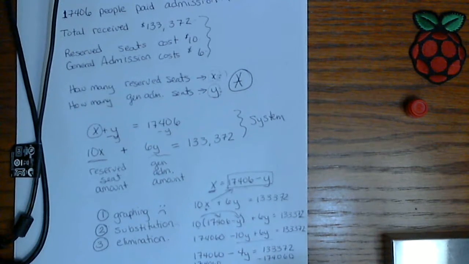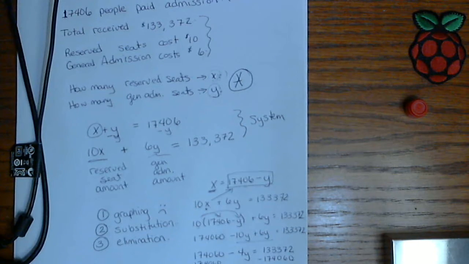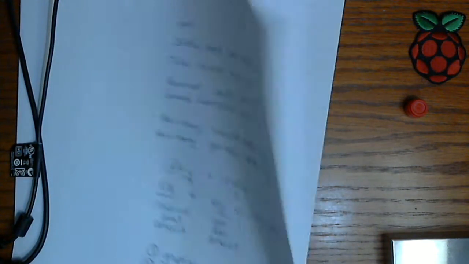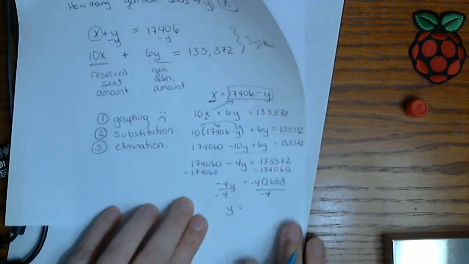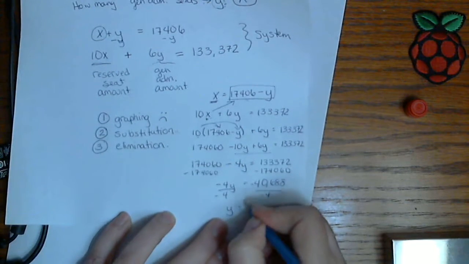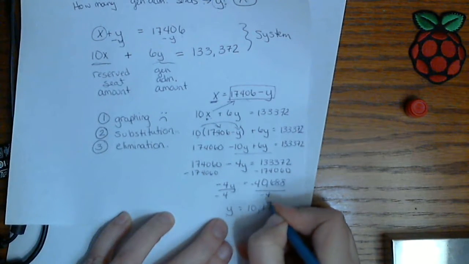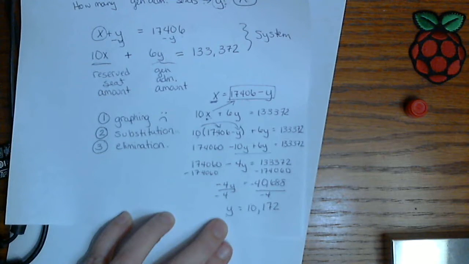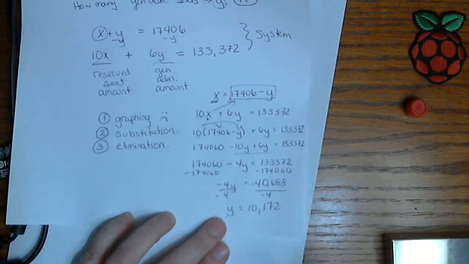Divide both sides by a negative 4, and I find out that y is equal to 10,172.